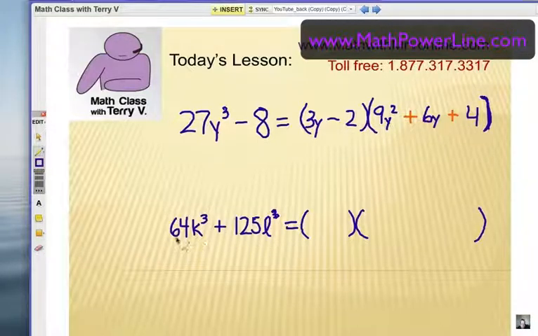The cube root of 64k to the third is 4k. Match the sign in the binomial. 125 is 5 times 5 times 5, and l to the third, it'd be l cube root there, so 5l. Now let's square each of those and put it right here, 16k squared and 25l squared.